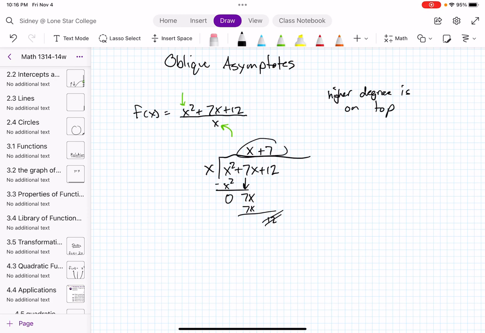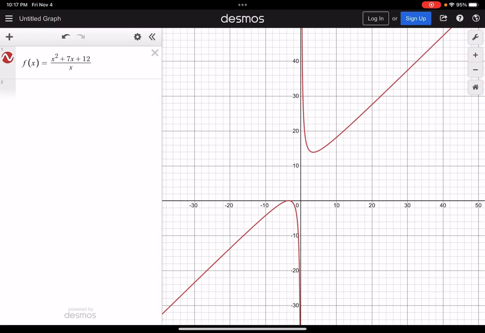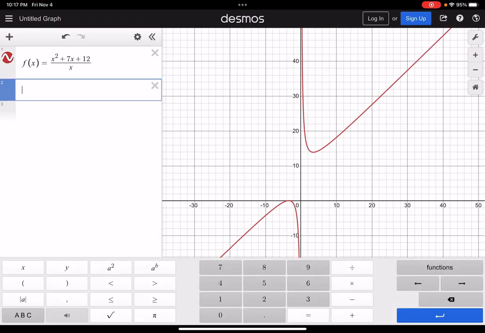But this right here, x plus 7, if we look at that as an independent function, as f of x equals x plus 7, here's what's really crazy. That value we got by actually doing this as a division problem, the linear function x plus 7, if I go back and graph that, let's see here.